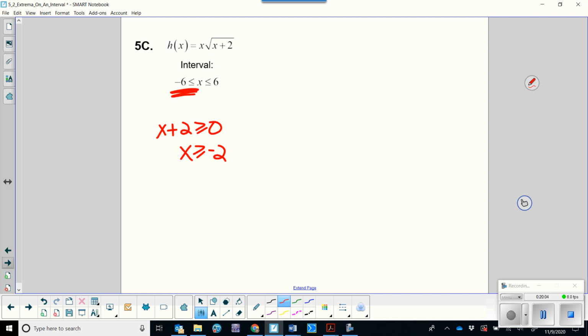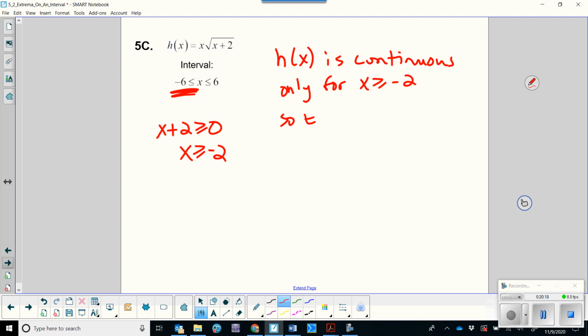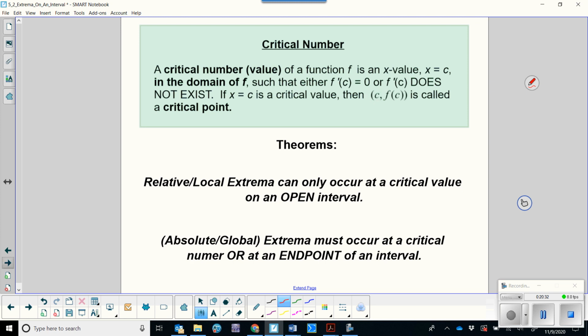So again, h of x is continuous only for x greater than or equal to -2, so the intermediate value theorem cannot be applied on this interval. So it doesn't mean it can't be applied ever, but it can't be applied on that interval. That's important.